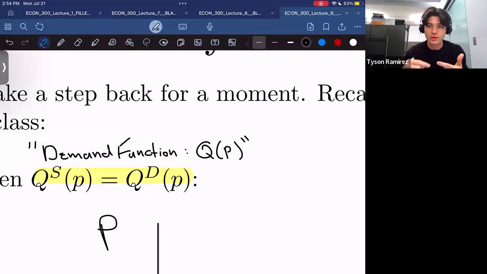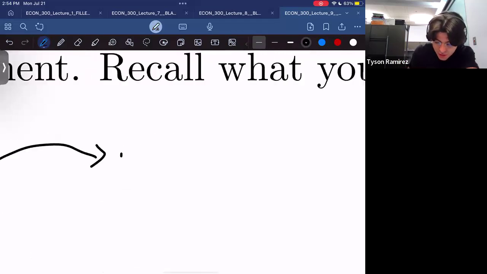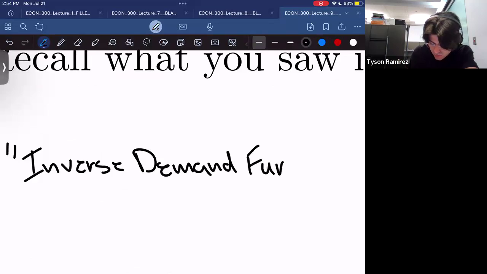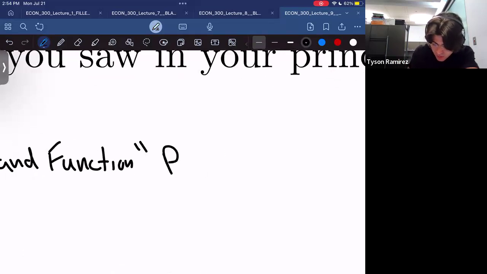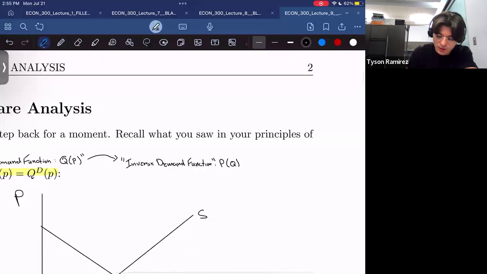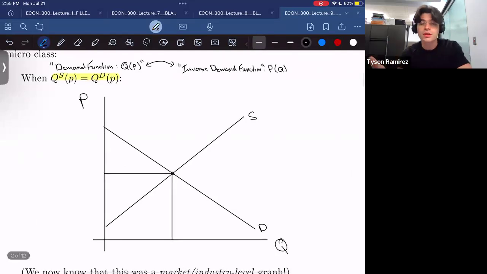We can just invert the function and get price as a function of quantity. And this gives rise to what is called the inverse demand function. This gives price as a function of quantity. They are interchangeable. They produce the exact same curves, the exact same shapes on the graph.